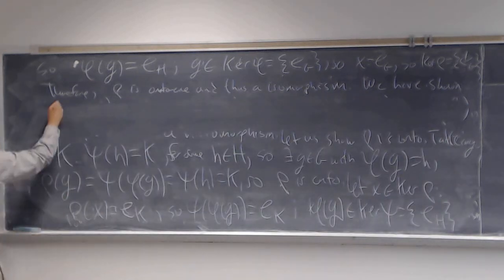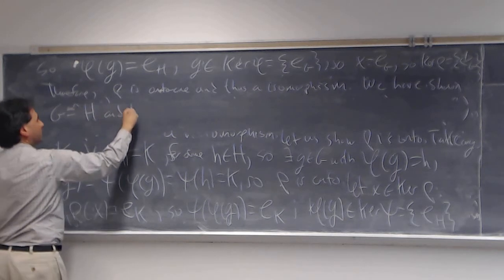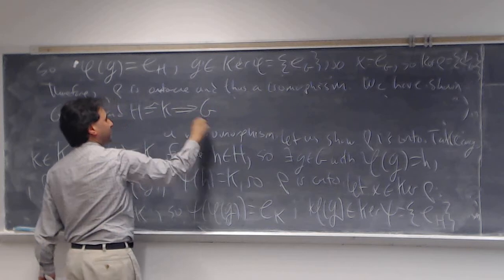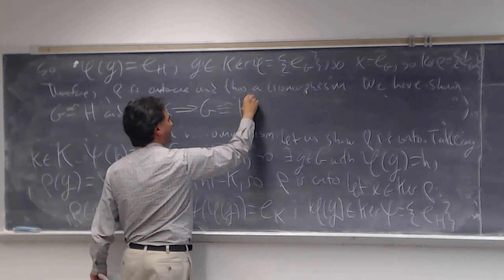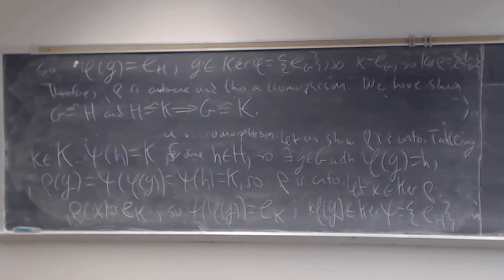We've shown that if G is isomorphic to H, and H is isomorphic to K, that implies G is isomorphic to K. So we have an equivalence relation. If we look at all groups, you can think of isomorphism as a way to partition the groups into different classes.